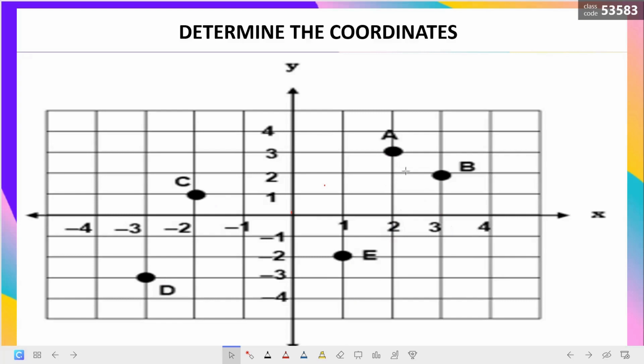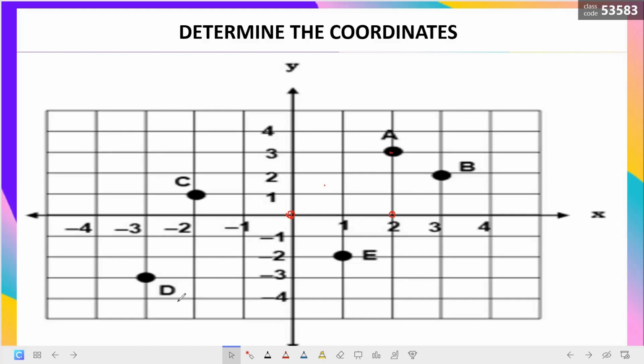Let us determine the coordinates of point A. From the origin, as we have said before, we count first along the x-axis. Since the point is here, we count to the right. 1, 2. Meaning, our abscissa, our x-coordinate, is 2. And then moving up along the y-axis, that's 1, 2, 3 to reach the point.